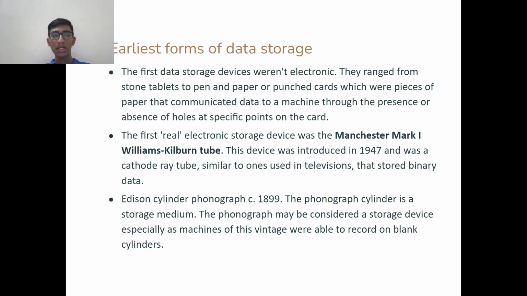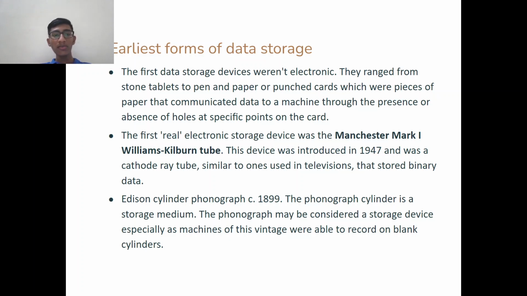People used to punch holes in the paper, and the presence or absence of the holes will cause the machine to read it. This is how the data was communicated in the earlier times.